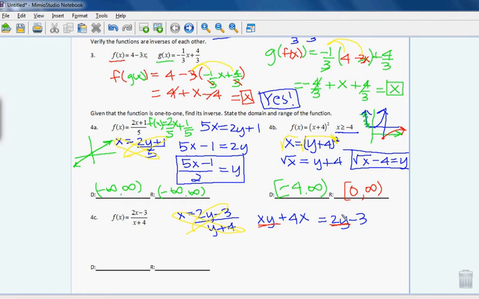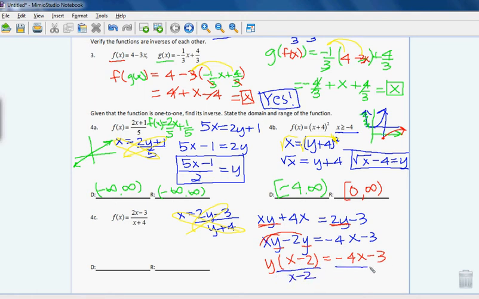So if we do that, then we can factor it out. So this is going to turn into xy minus 2y equals, I'm going to move over my 4x, so negative 4x minus 3. And now I can factor out my y. So this becomes y times (x minus 2) equals negative 4x minus 3. And the last step I have to do is divide by this entire binomial on both sides. So this cancels out. So this is my inverse function.